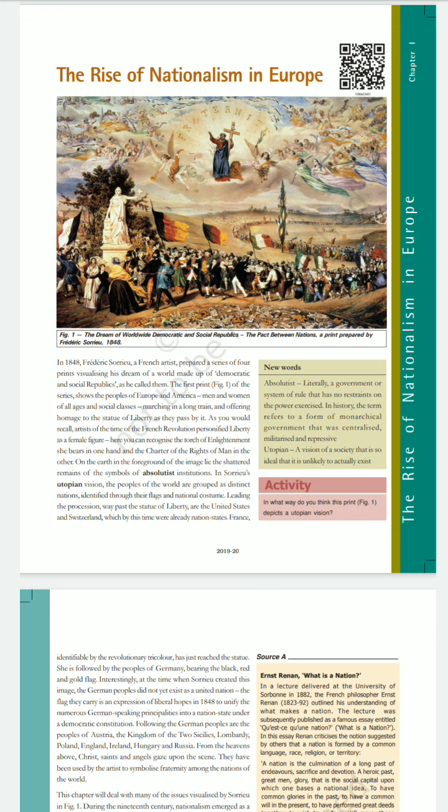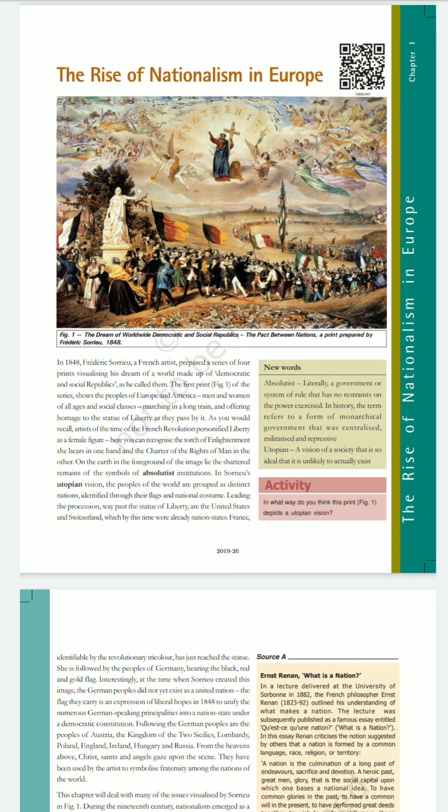Now, when we are talking about this, and when we open chapter number 1, we see a picture. This picture was made by Frederick Sorrieu in 1848, named Democratic and Social Republic.